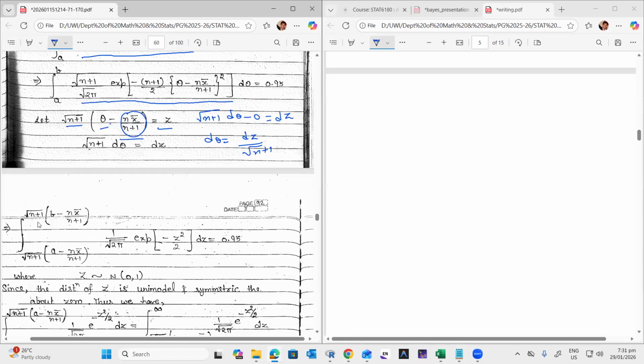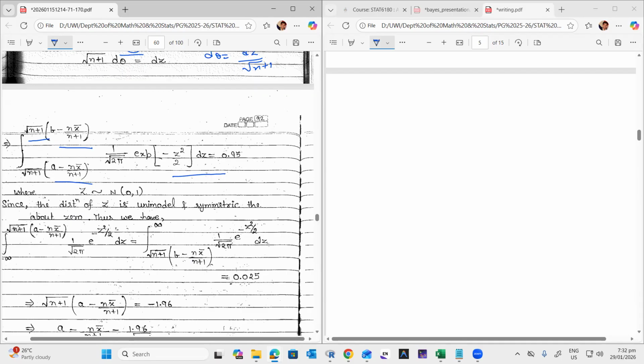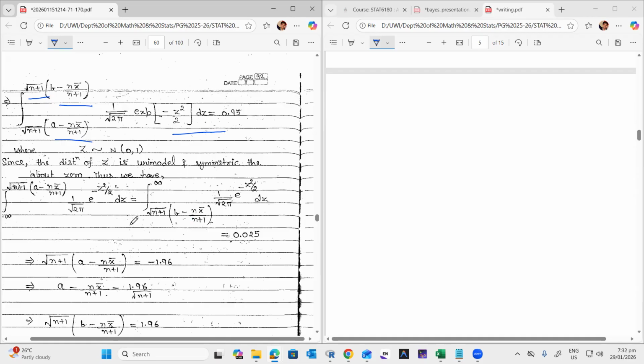So it will be root n plus 1 times (a minus nx bar divided by n plus 1) and root n plus 1 times (b minus nx bar divided by n plus 1), and 1 upon root 2 pi e raised to the power minus z square by 2. So again z will follow the normal distribution with 0 comma 1, and it's unimodal and symmetric.